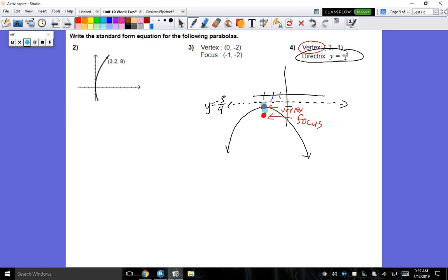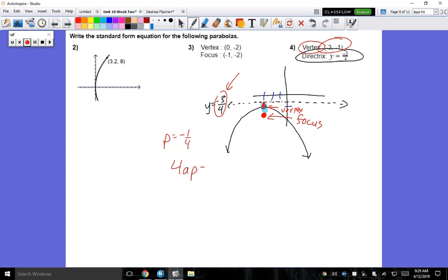So if we're at y is equal to -3/4, then what is this jump that exists between the vertex that was given and this line that was given? It is going to be that small little 1/4 piece, if you will. That small little 1/4 piece is going to be that p-value. So p is -1/4.